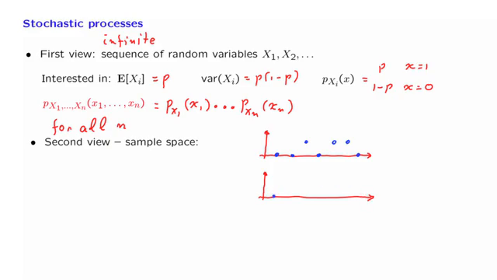For example, we might get a 0, 1, 1, 0, 0, 0, 1, 1, and so on, and continuing. And in general, any time function of this kind is one possible outcome of the experiment. Overall, the sample space that we're dealing with is the set of all infinite sequences of zeros and ones.